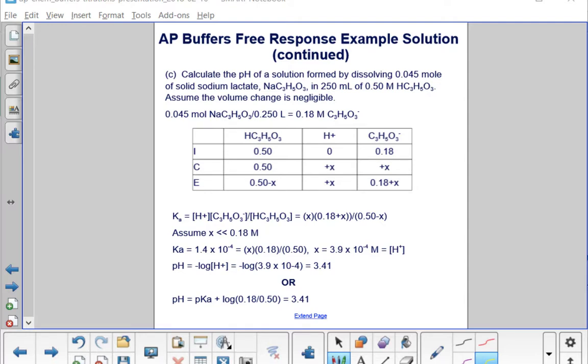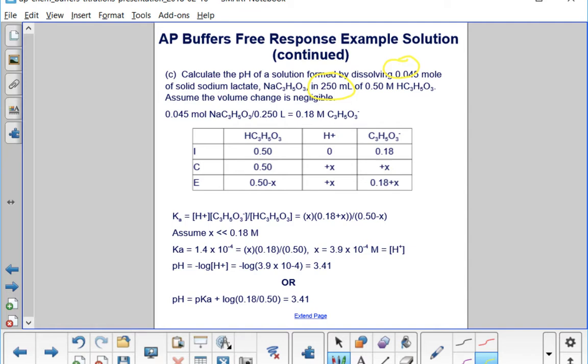So the first thing I'm going to do is find what is the concentration of that sodium lactate. So I know that I have 0.045 moles in 250 milliliters. So 0.045 moles in 0.250 liters gives me an initial concentration of sodium lactate equal to 0.18 molar.